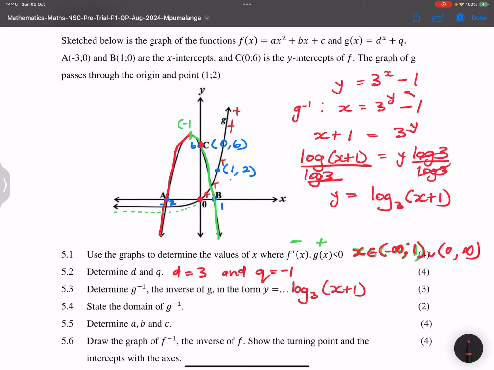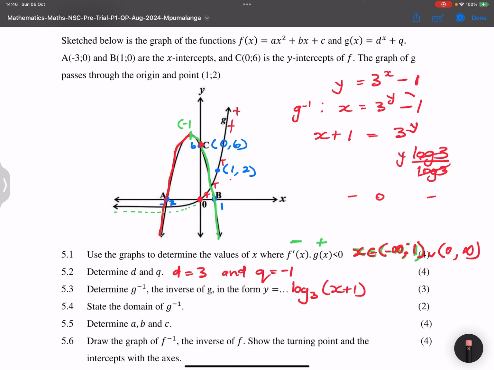Right, now they say to us, state the domain of the inverse of g. Now, remember that the domain of the inverse of g would be the same as the range of the original graph, which is g. So what would be the range of g? Remember, our equation told us that g of x actually has a minus 1 there.